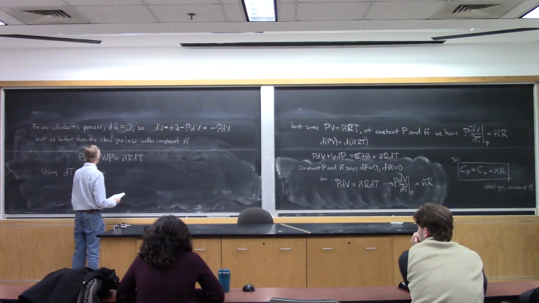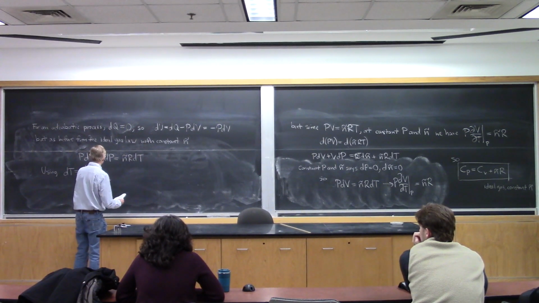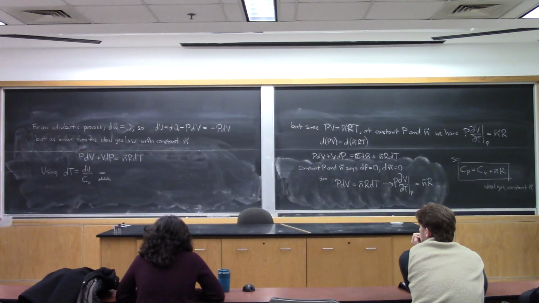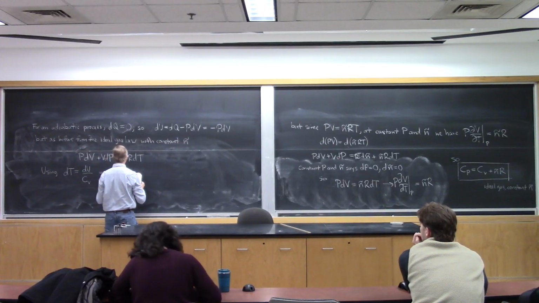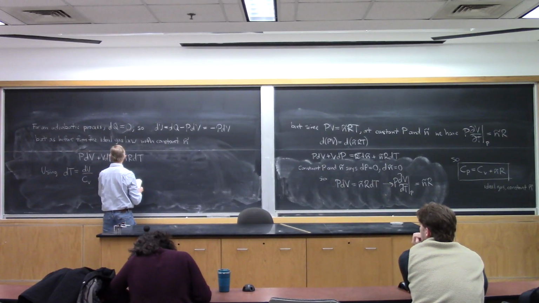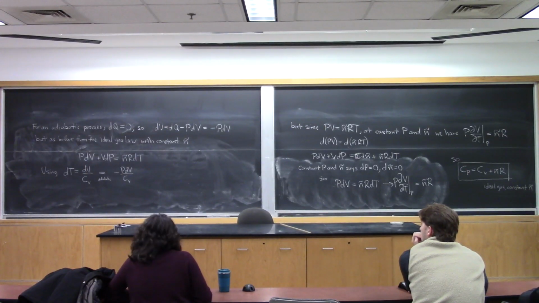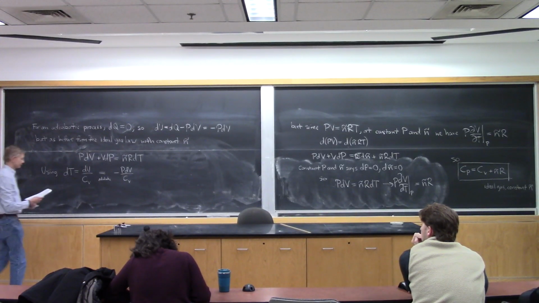So this is what happens when we're in an adiabatic situation here. This becomes minus PdV over Cv, because we're adiabatic, there's no dq in this case.